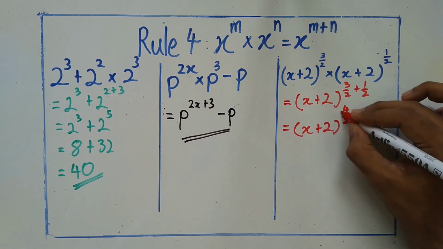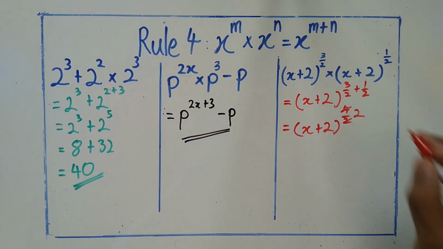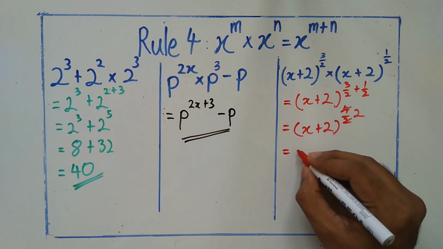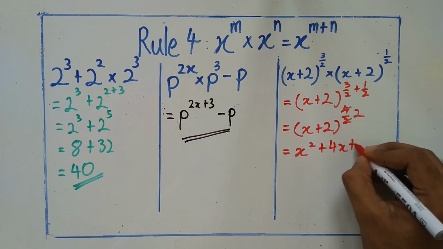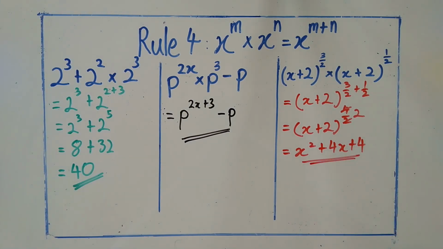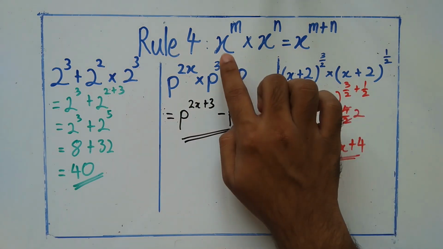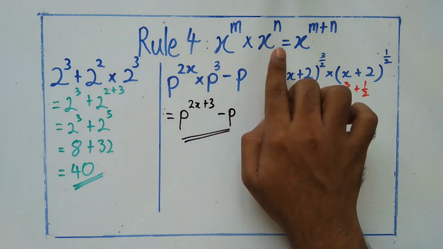We can simplify this term as 2 and we get x plus 2 squared. We expand this term to get x squared plus 4x plus 4. Just remember, when using the addition rule, make sure the two same bases multiply each other, not add each other.